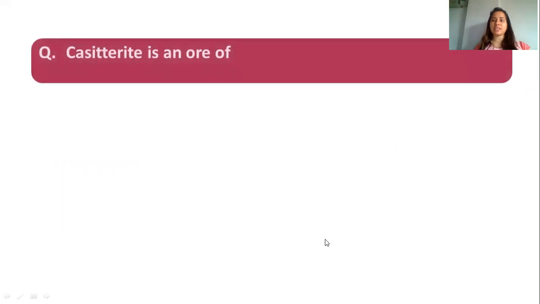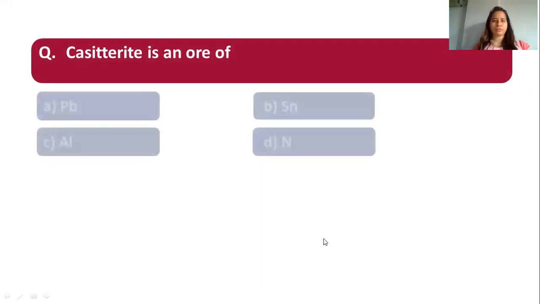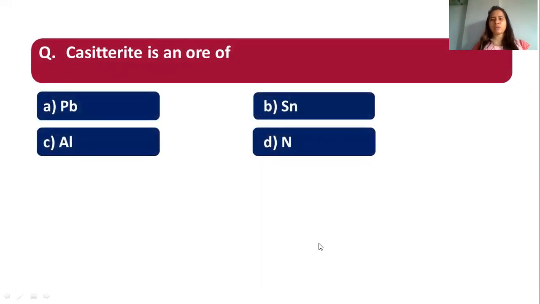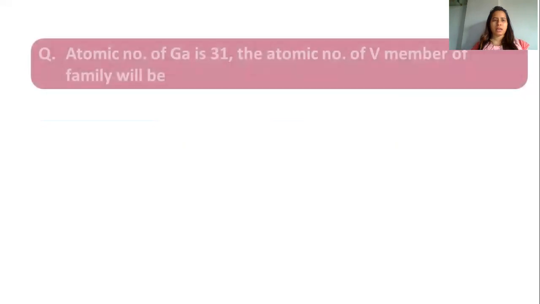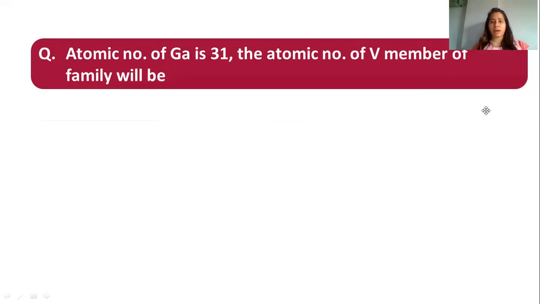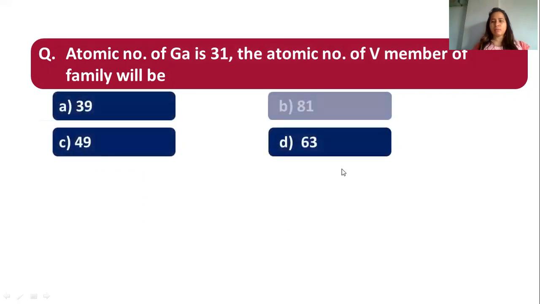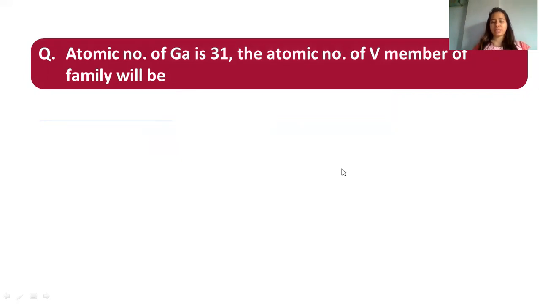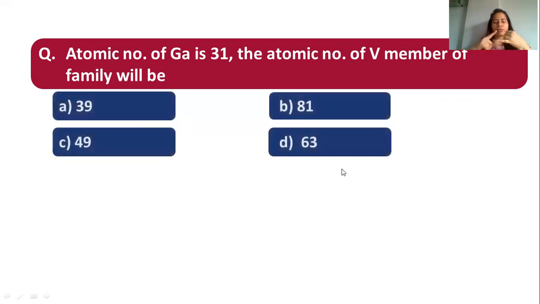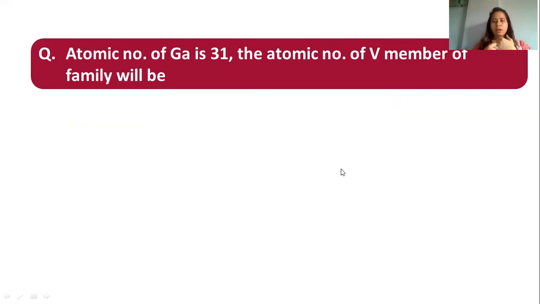Next question, cassiterite is an ore of. If you remember, cassiterite was tin oxide, SnO2. So yes, it's Sn. Atomic number of gallium is 31. The atomic number of the fifth member of the family will be? Gallium was already the third element. First was boron, then we had aluminium, gallium, indium and thallium.